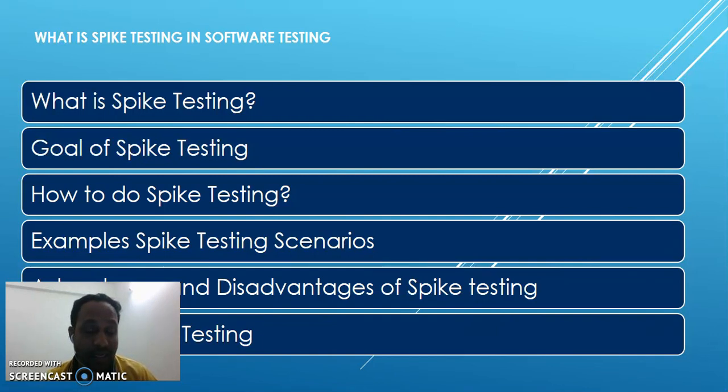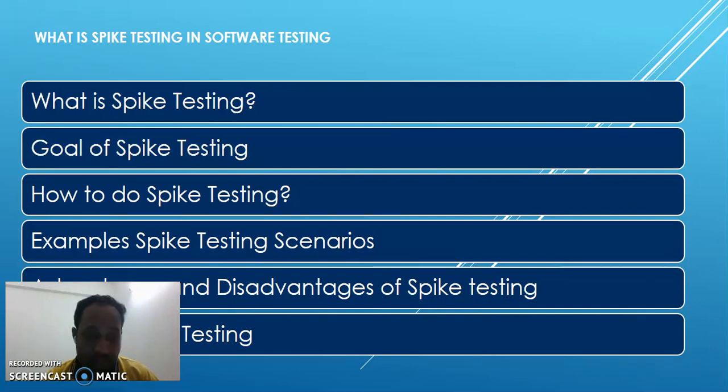Then you analyze the result and how the server behaves. That is what spike testing is. In the later stages we'll take an example and understand how spike testing needs to be run and planned.